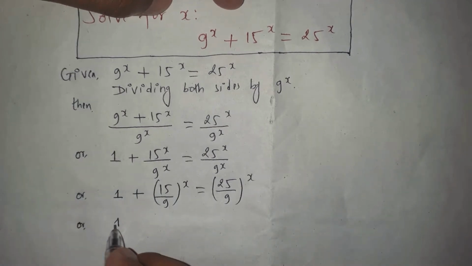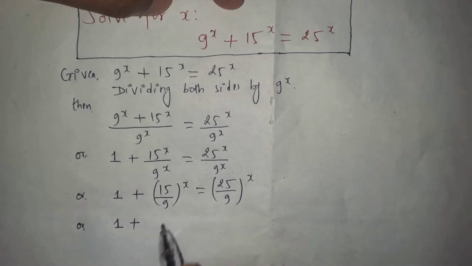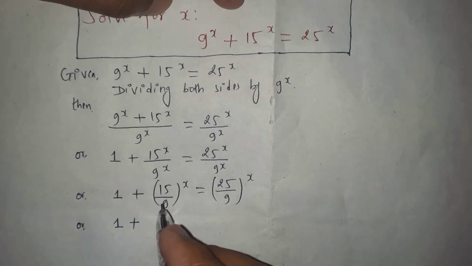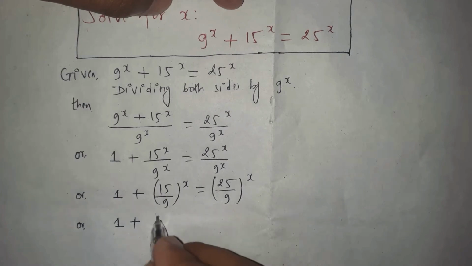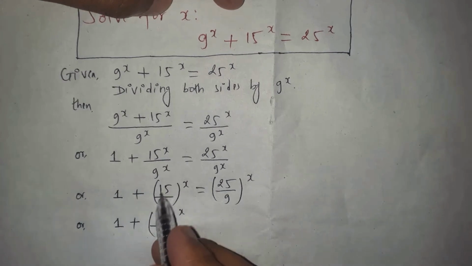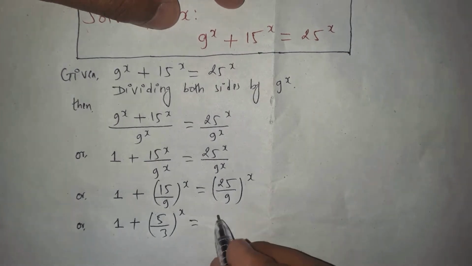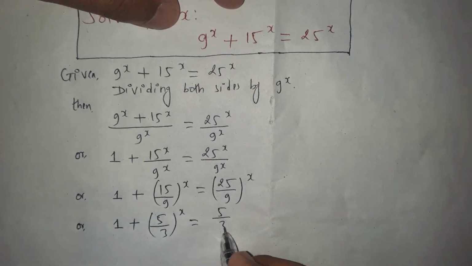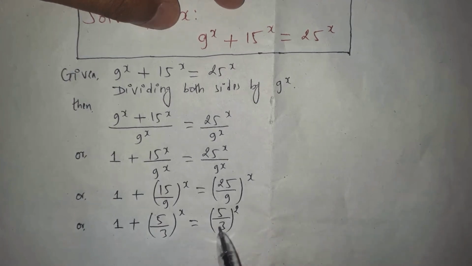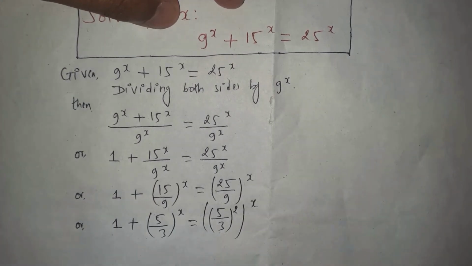This can be further simplified as 1 plus, and 15 over 9 is reduced to the lowest term, 5 over 3, raised to the power x. The 25 over 9 is the same as the square of 5 over 3, raised to the power of x.